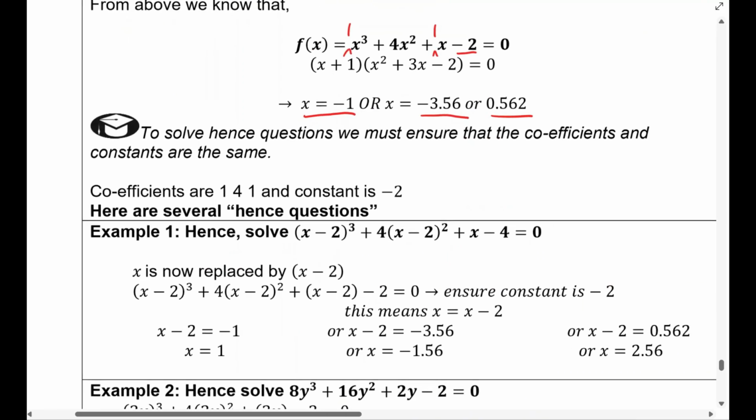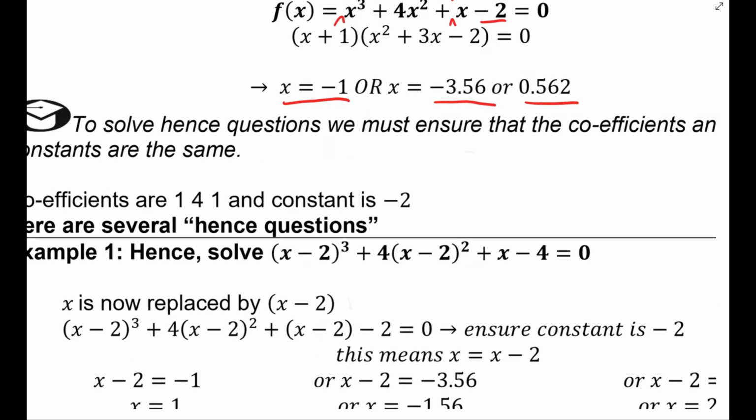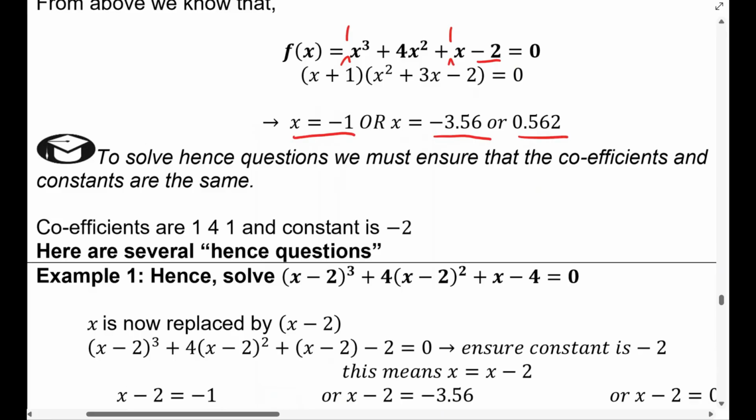In the first example, we have to solve (x minus 2) cubed plus 4(x minus 2) squared plus (x minus 2) minus 4 equals 0. Something you can see in this example is that all of the coefficients in front of the brackets, the invisible 1, then 4, then another invisible 1, aside from the constant, are roughly the same as the polynomial that's given, 1, 4, 1 and minus 2.